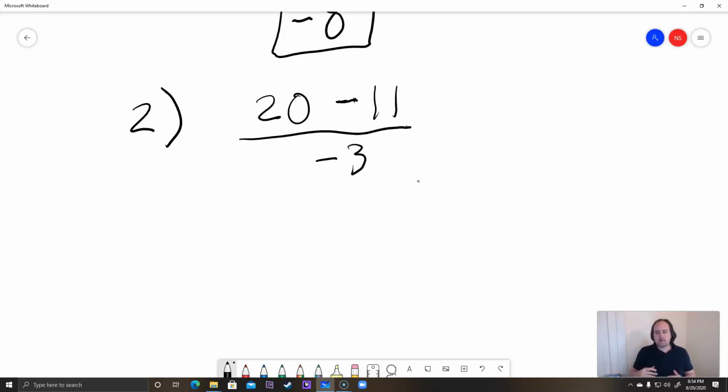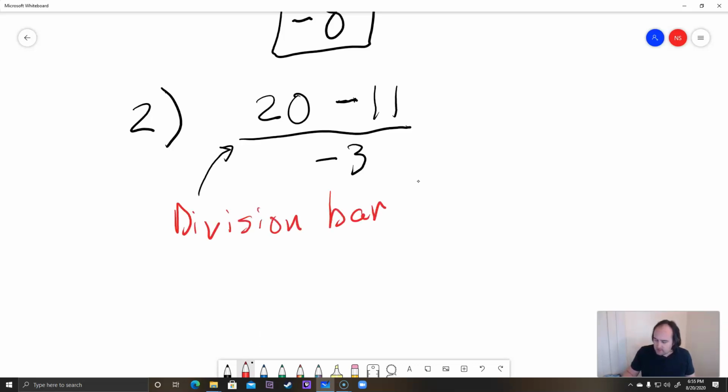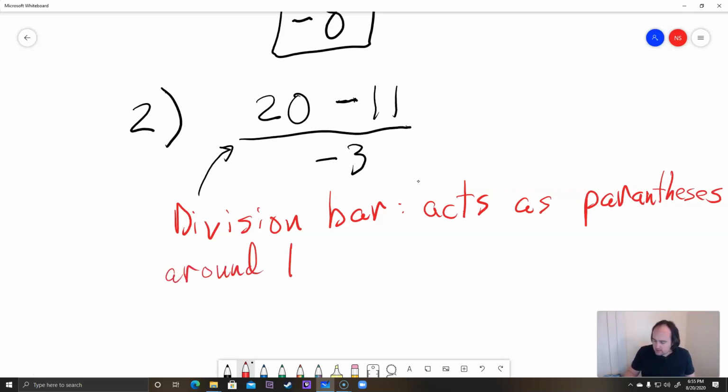So when you have a division bar like this, that's what this is called, a division bar. It's a special case. So with a division bar, it acts as parentheses around the numerator and the denominator. Okay? That's what a division bar does.